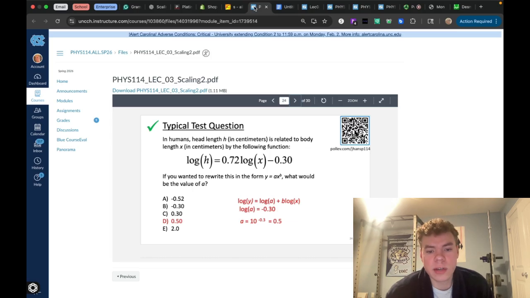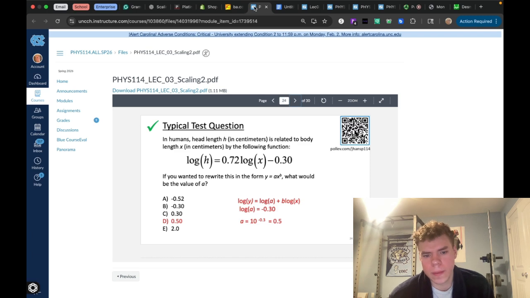Apparently, log to the negative 3 gives you error in your calculator, because I don't remember any algebra stuff. So I guess logs of negative numbers give you errors. So it's not 0.3. Yeah, I guess you would have to do it like that. Interesting.